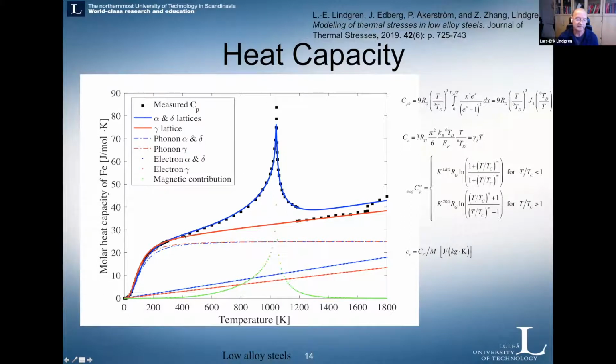But it's for the alpha phase, measurement as symbols. For the austenite phase, symbols and measurement. So we can fairly well tell, in this case it's iron, not the chemical composition in this case, but how the phase changes affect the effective combined properties of the FCC and BCC lattices and how they vary with temperature.